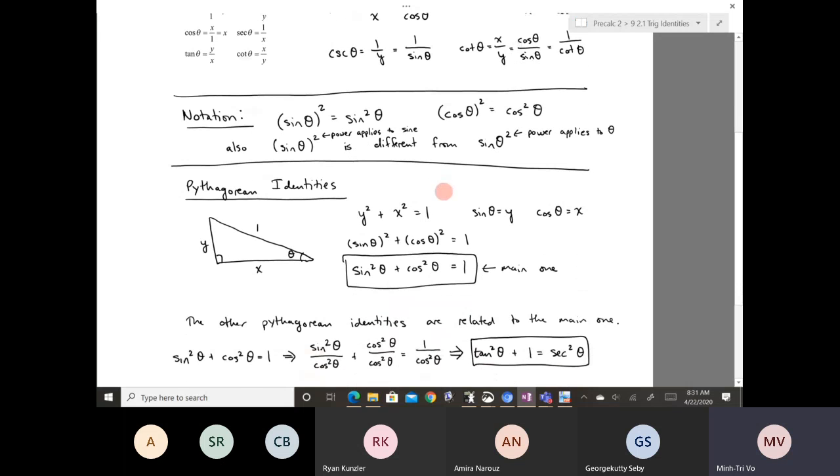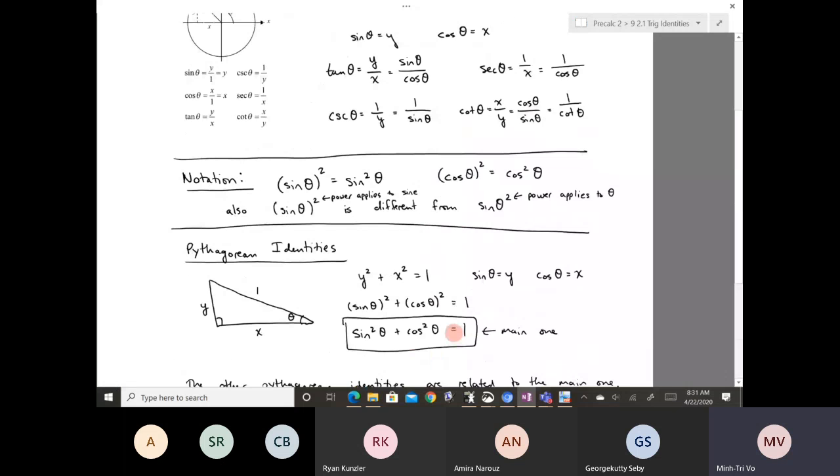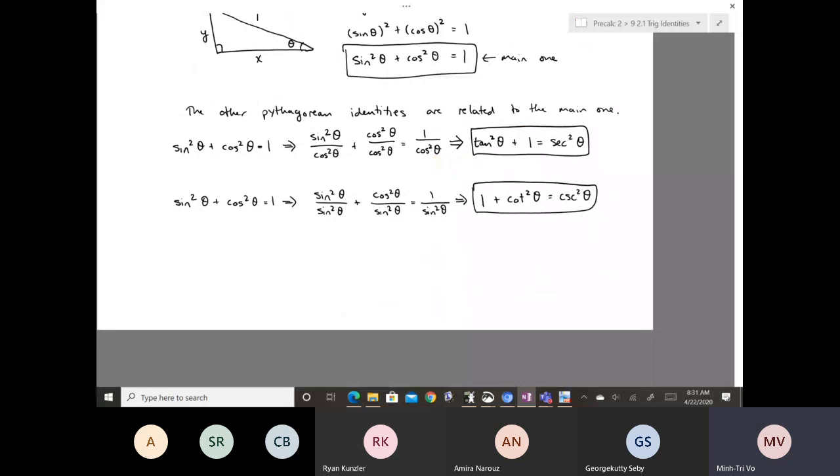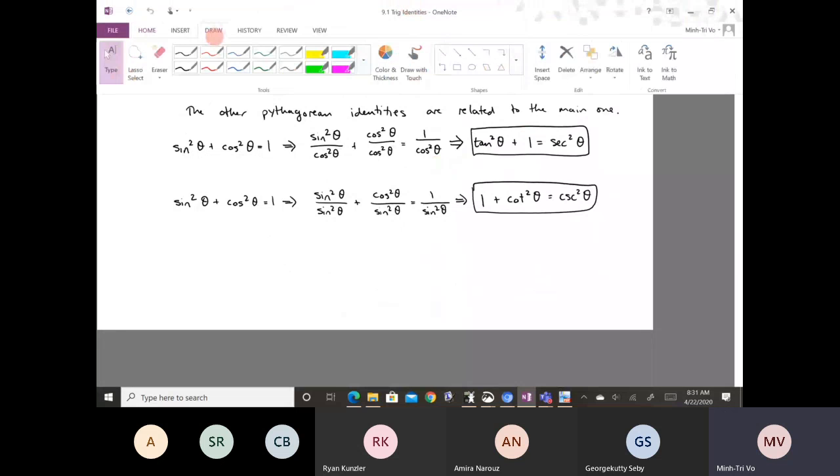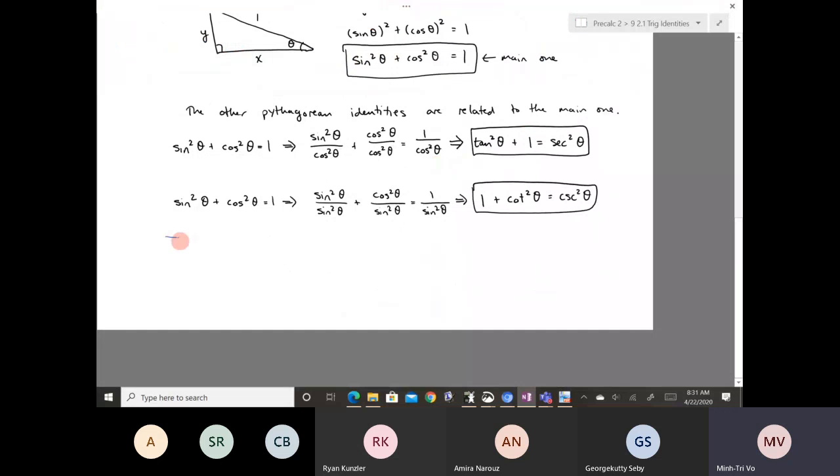Let me write it down here so we have a little bit of space. Say I want to calculate sine squared of pi over 6.